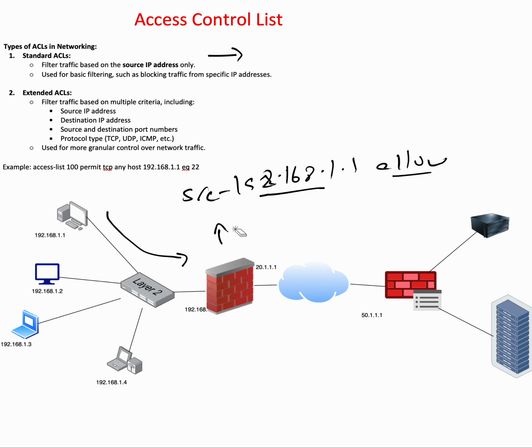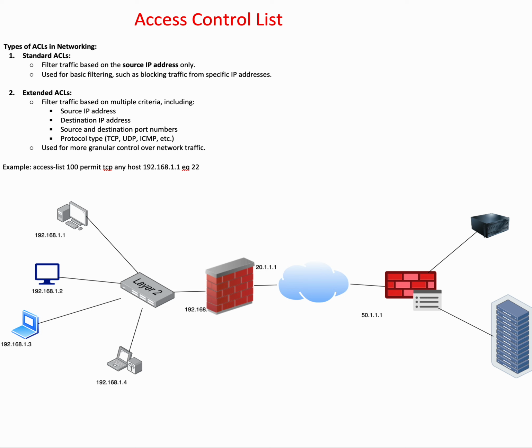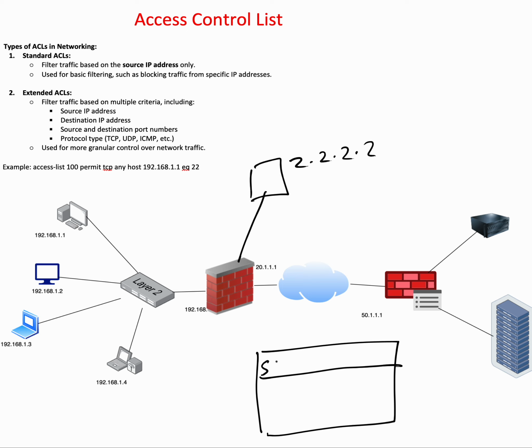Usually this one we'll map when the traffic is coming in, not from outside. If you have a specific server connected here and I make sure that this is 2.2.2.2, same criteria that I've said, the standard ACL is source IP, destination IP.